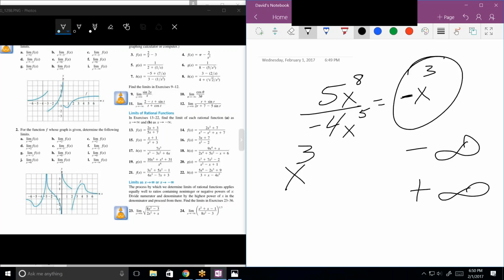So even if the top blows up relative to the bottom, you still have to consider not the coefficients, but the sign on the coefficients. In other words, I don't care about the 5/4. What I care about is that one of them is negative. And when I simplify that thing, I get negative x cubed. And that changes both answers. It reverses the answers, basically.